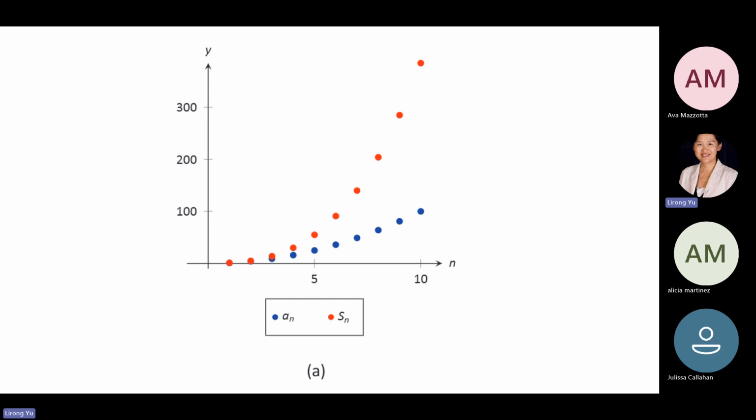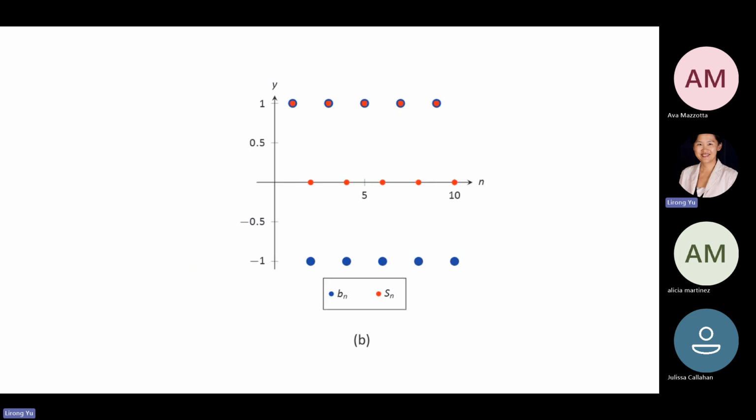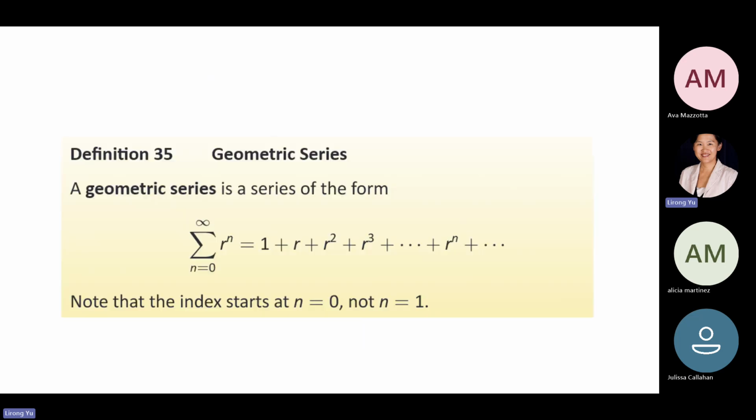Part of the reason that we plot things is to visually identify the tendency of the sequence, right? So both of them are diverging, or approaching infinity. And then the second example is alternating. The original sequence a_n is alternating, and the partial sum sequence is also alternating.